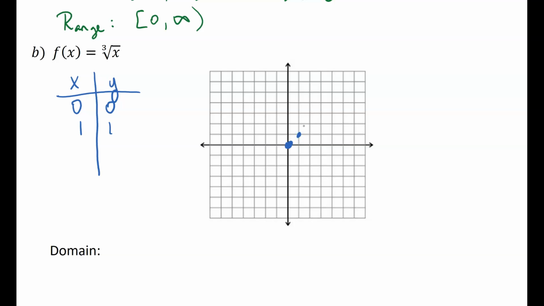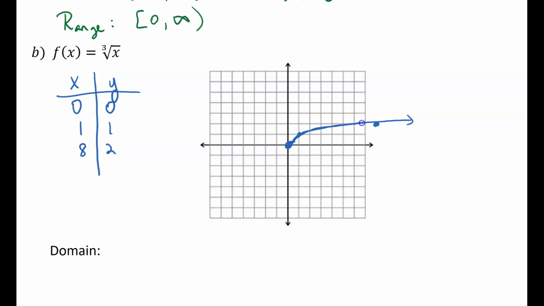Okay, what else might be good? 8. Because the cube root of 8 is 2. All right, so again, that's going to take us off our grid here. So we see we're going this direction. Okay, so far we have considered everything in the positive direction.